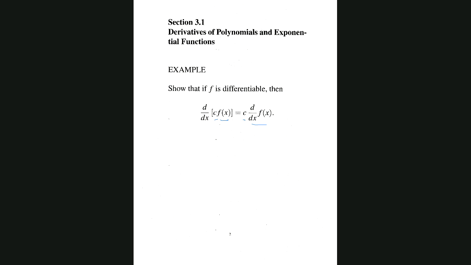Well, there's no power rule here. There's no x to the nth power here. This function f of x, thank you for your answers, Lynn and John, could be any function. It could be a cosine function. It could be a square root. It could be e to the x. It could be anything.